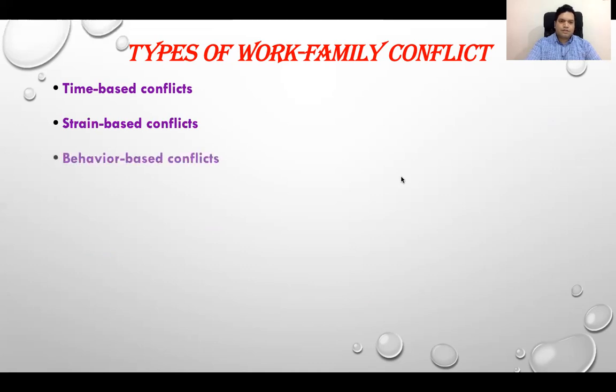The third one is behavior-based conflict. This occurs when there is an incompatibility between the behavior patterns that are desirable in the two domains, and the employee is unable to adjust his or her behavior when moving from one domain to another.